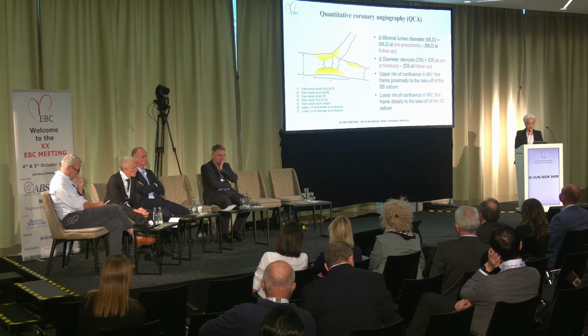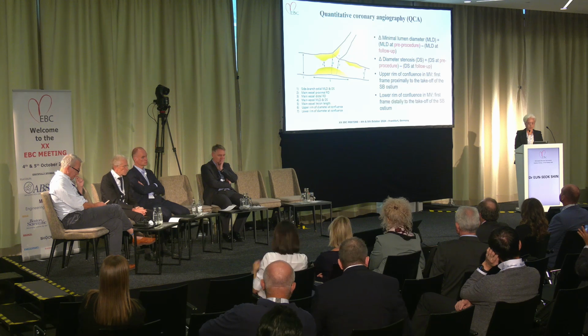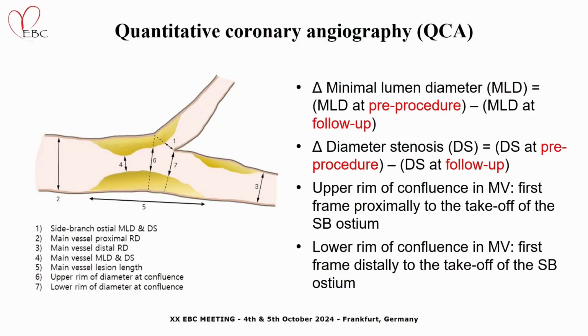For analysis, the bifurcation region was divided into 7 points as follows. The endpoints are side branch ostium minimal lumen diameter and diameter stenosis. We also analyzed the upper limb and lower limb of the confluence in the main vessel, and the other parameters are for the whole main vessel.